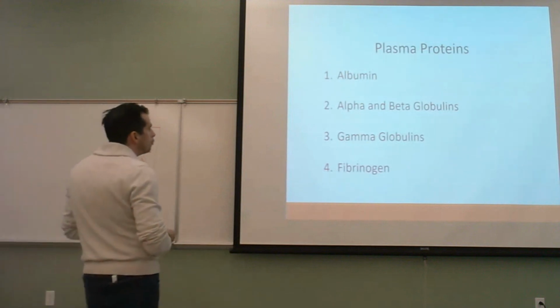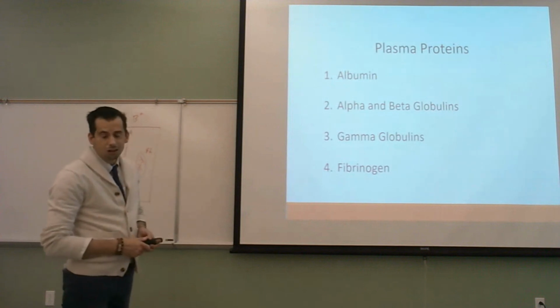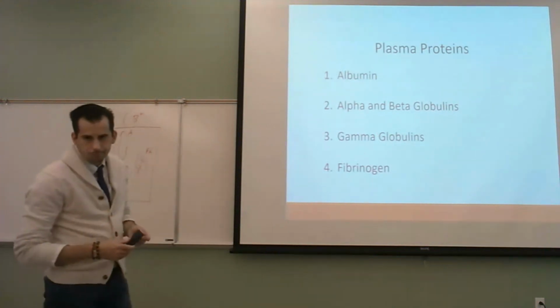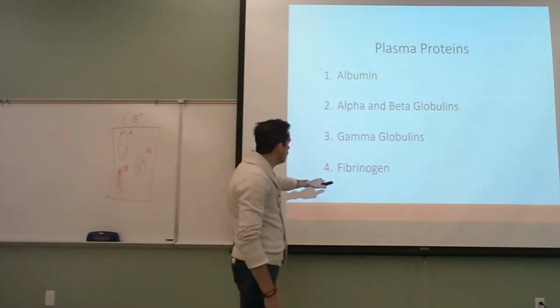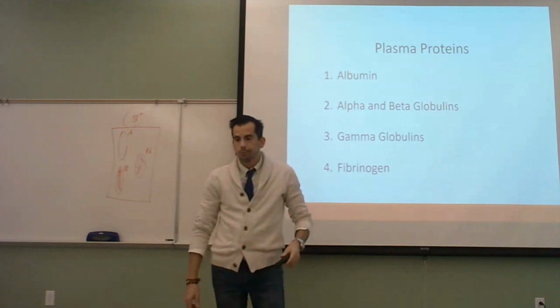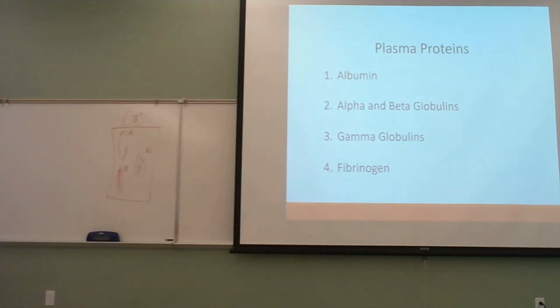And the last component I want to mention is the plasma proteins. Now, we will talk about different ones of these throughout the course, depending on where we are. The first ones we'll get to are going to be the fibrinogen. That's going to be the type of protein that's involved in our hemostasis, blood clotting.